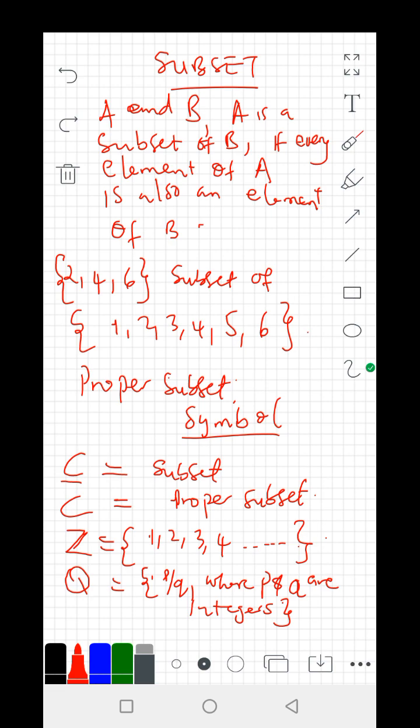It tells us that the set Z is a proper subset of Q, since any integer in Z can be in Q, but some members of Q might not be in Z. Okay, so that's it for subsets.